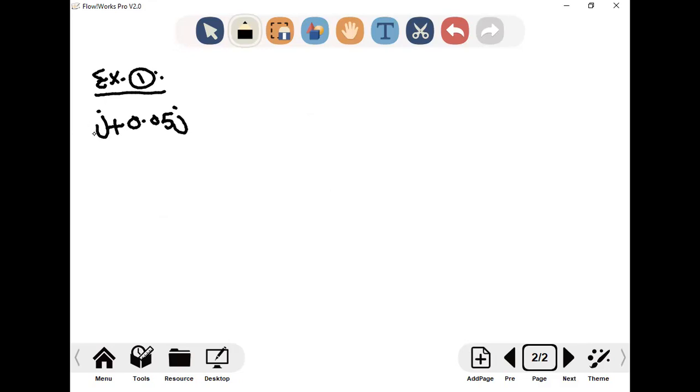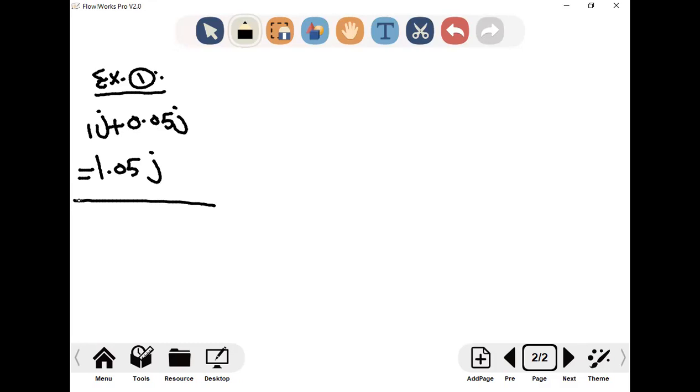What's the coefficient of it? 1. And this term also has j. What's the coefficient? So they are like terms. J power 1, j power 1, right? So how do we add? We have 1 here, but we don't write it. 1 plus 0.05 equals 1.05 what?